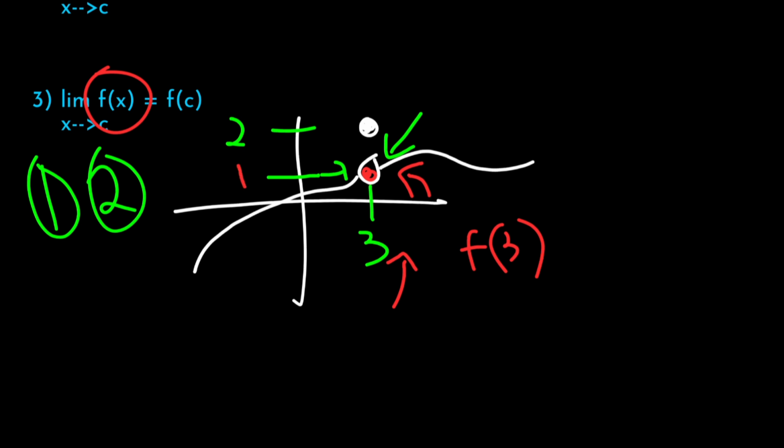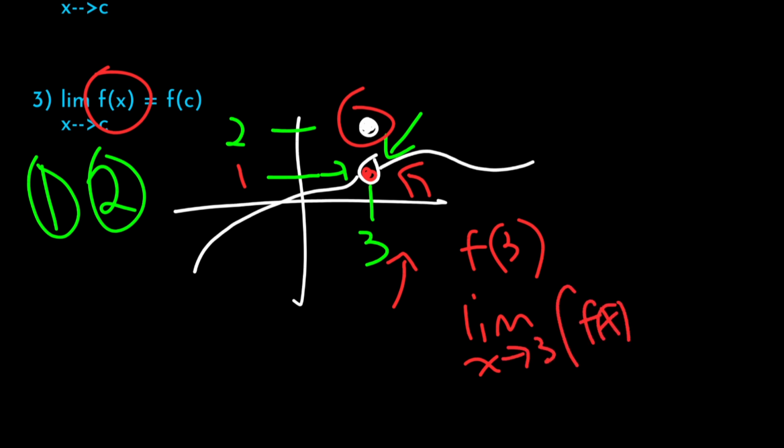So let's say this is 1. This should be filled in as a 1, but it's not. I'm going to get a 2. So if I have the limit as x approaches 3 of this function f of x, this is not going to equal 1 like I want it to.